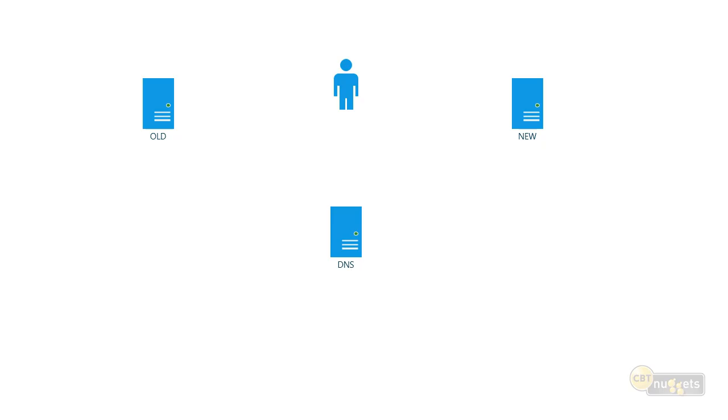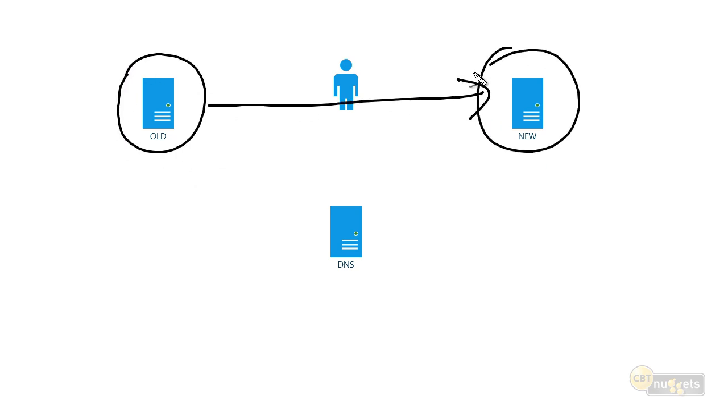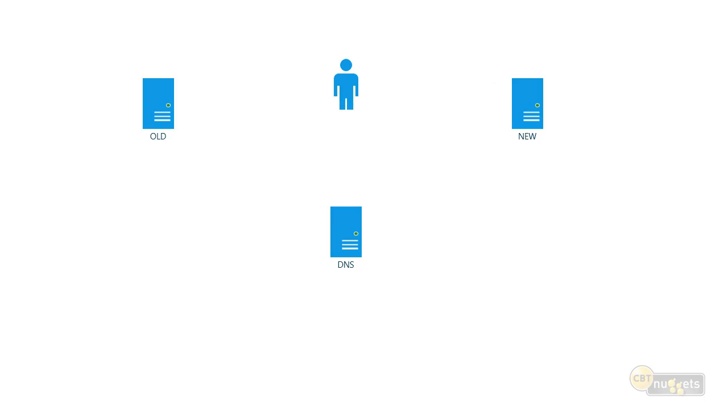Now, obviously, in any migration, your goal is to get a bunch of services or roles or features or whatever else from an old machine over to a new one. Now, how you do this in terms of affecting your user impact kind of depends on exactly what those services are. In some cases, you might need to do that migration over a weekend or during some other scheduled downtime so that you can have all the services offline, migrate them, and then bring them back online for your users on that new machine.